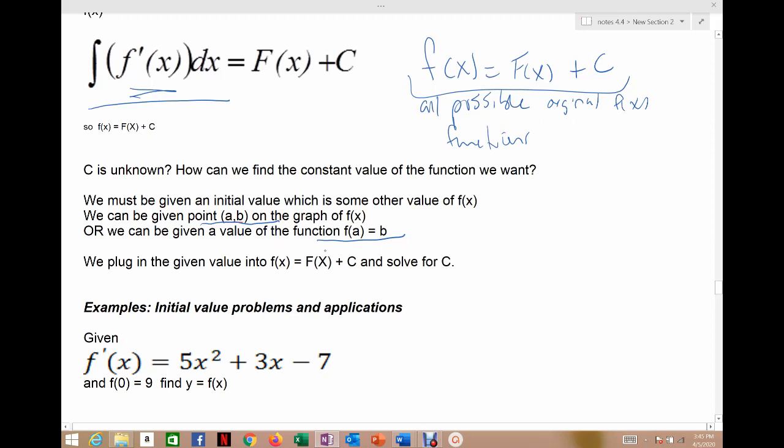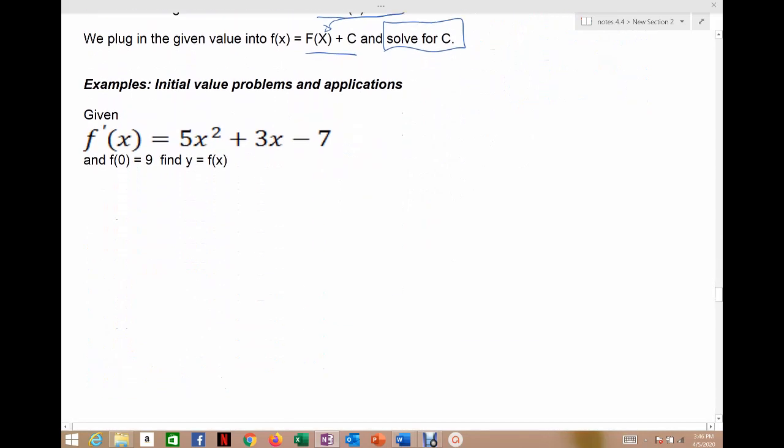We plug that information in to solve for the one that we're looking for. We find the function value, plug that information in, and solve for the constant that's unique to this problem. And it is unique. It's the one function that has that value and that derivative. That's what initial value problems are.